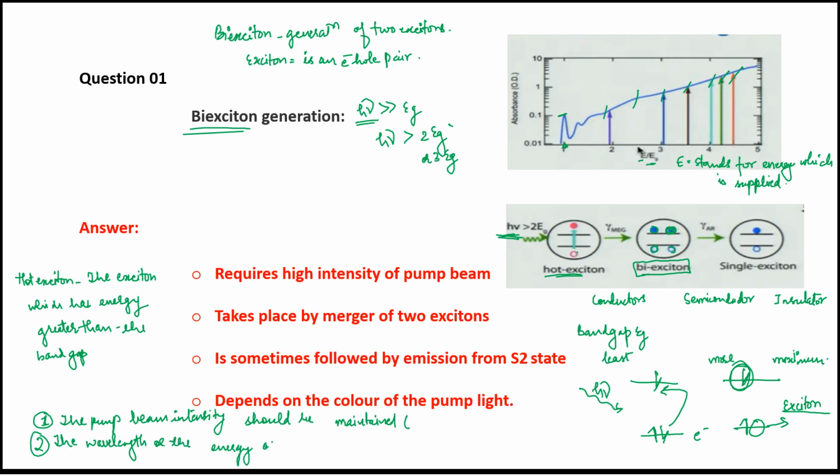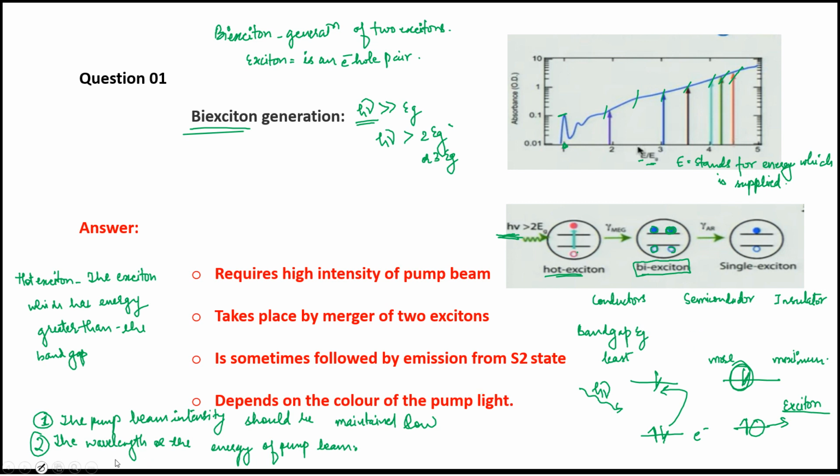So these are two factors which are very much necessary to be considered. If you want a bi-exciton to be formed, the first is that the pump beam intensity should be maintained low. Okay. The second is the wavelength or energy of the pump beam is also a factor.